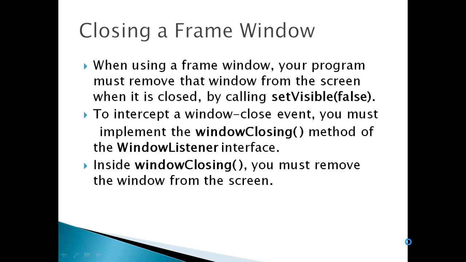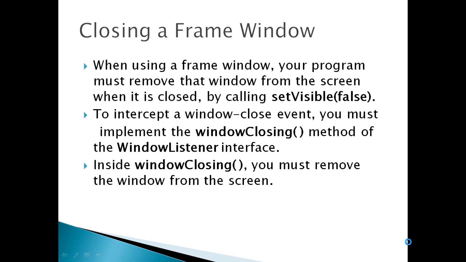After this we need to close this window, that is, closing a frame window. When using a frame window, our program must remove that window from the screen when it is closed, and this is done by calling setVisible(false), which hides that window. We call it a closed window.